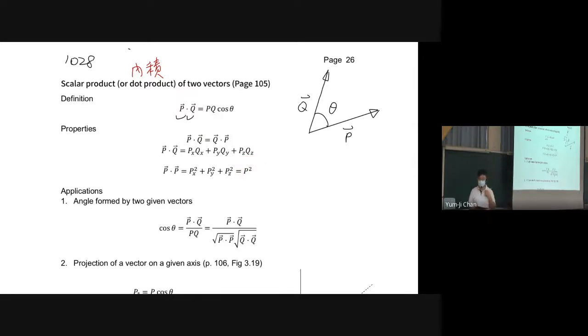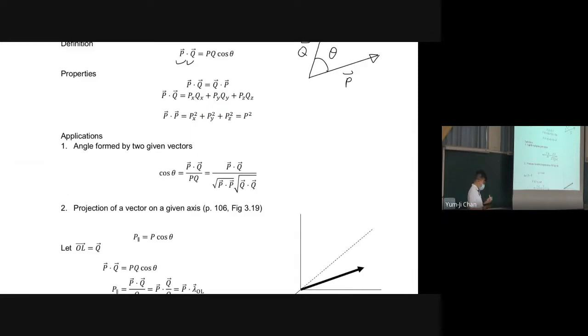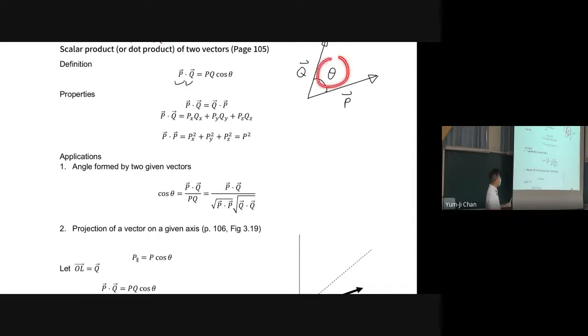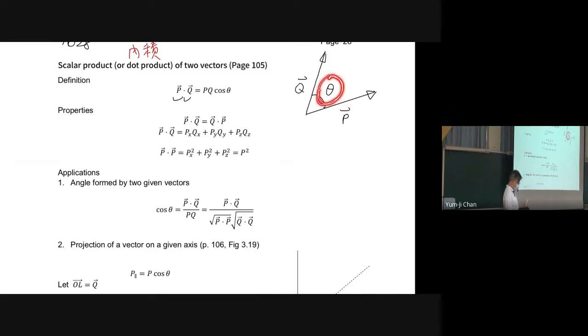We have two uses for these dot products. The first is to determine the angle theta in this problem. Of course, we can use the cosine rule or sine rule, this type of thing, which you know from high school.